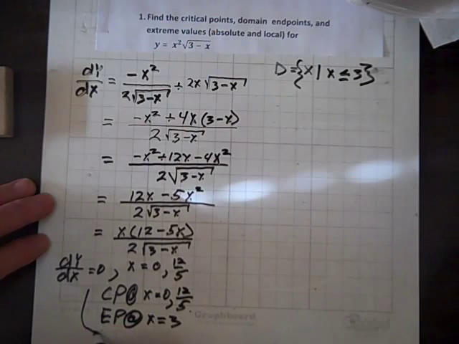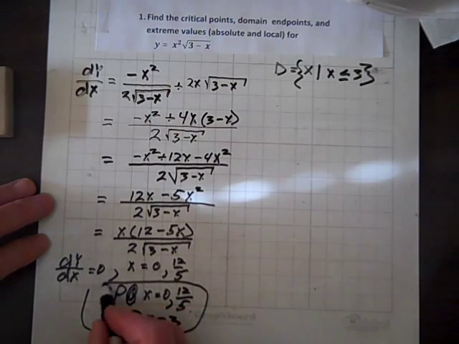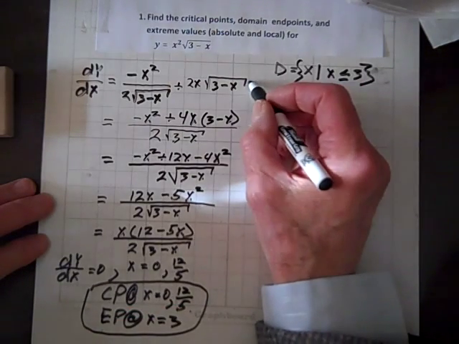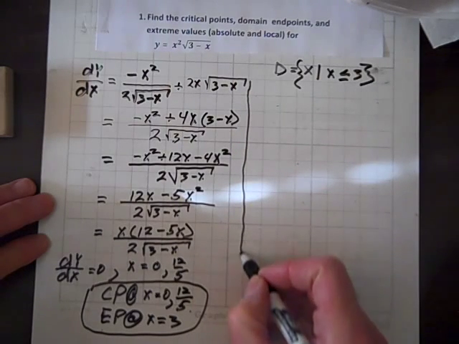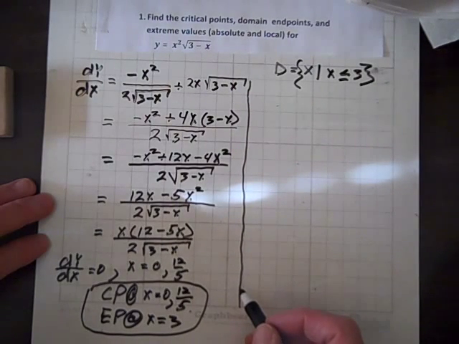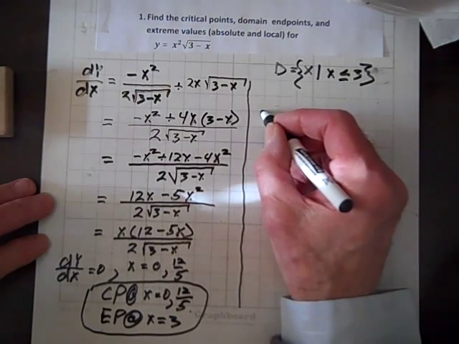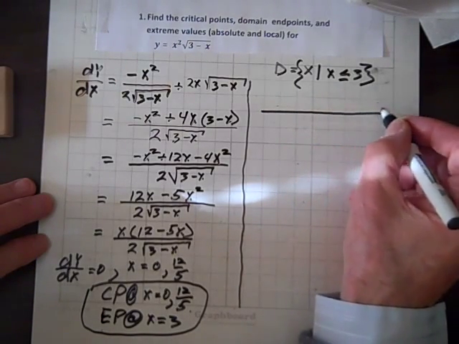So we've got our critical points, we've got our endpoint, and now let's look at the zeros for f prime of x.